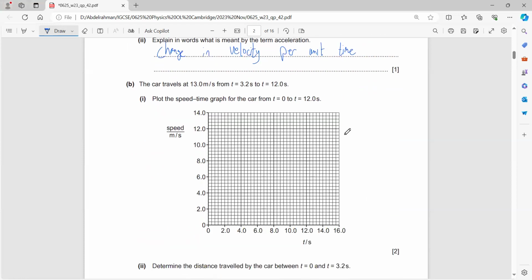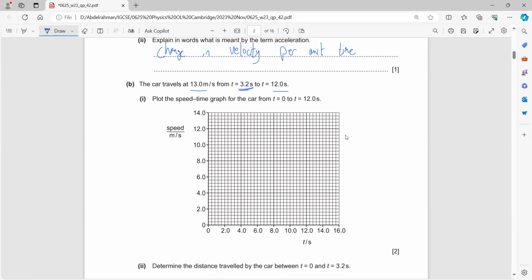The car travels at 13 meters per second from 3.2 to 12 seconds. Plot the speed time graph for the car from t equals 0 to 12.